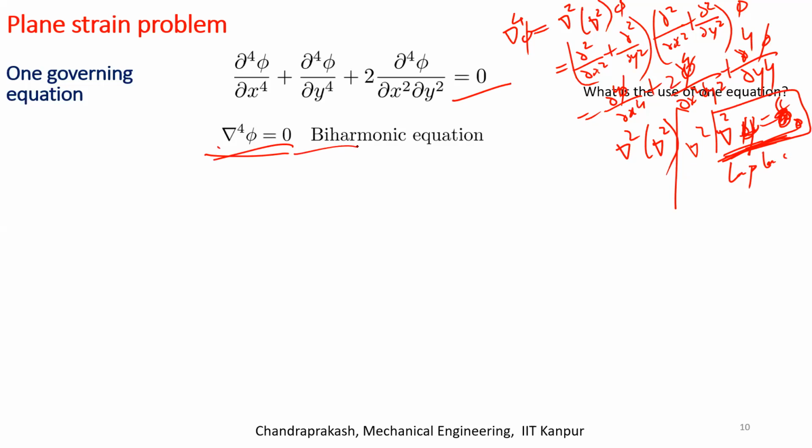So what is the use of this one particular equation? Remember when we arrived at the Beltrami-Michell equations, the equations of compatibility, we had 6 equations in terms of 6 variables, sigma xx to sigma zz. We had 6 variables and 6 equations, and all of them were partial differential equations of second order. They're tedious to solve.